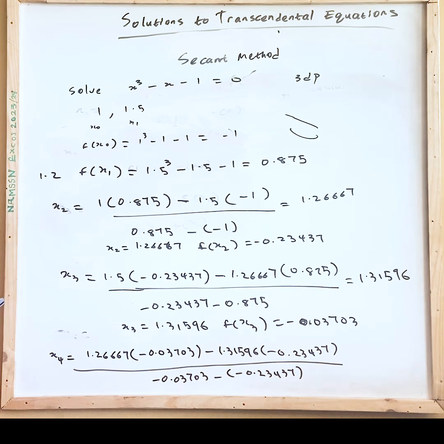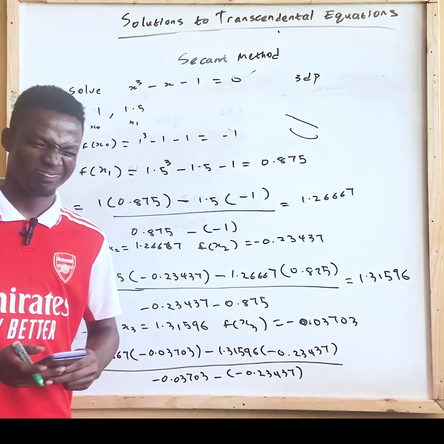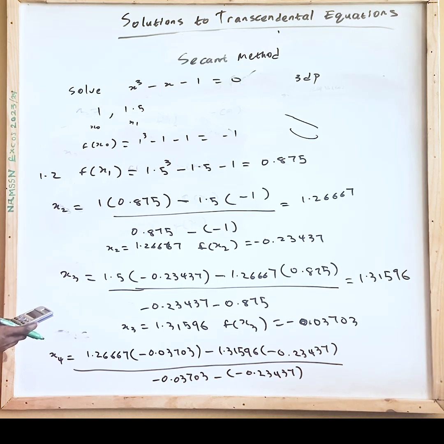So you have 1.2667, minus 0.03703, minus 0.23437.